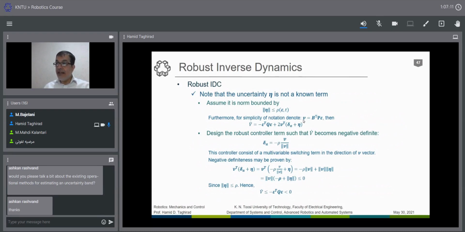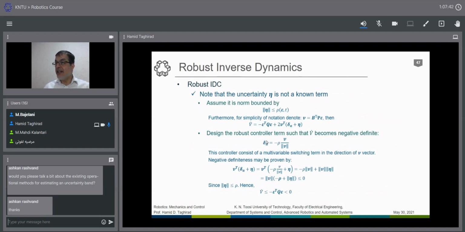And then if we consider that, we have 2 v transpose delta plus eta here. And we know that eta is bounded from above by the rho variable that we have. So there are so many different methods. I just mention one method here, which we call Lyapunov redesign.